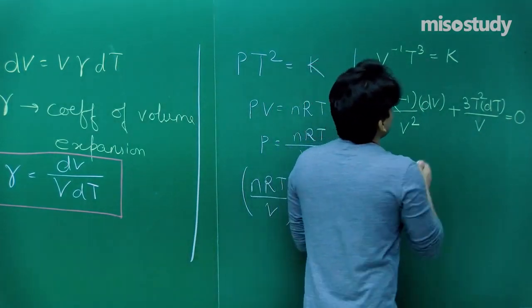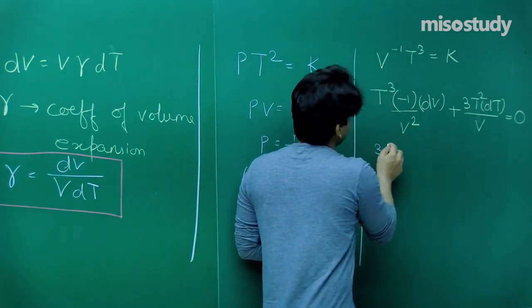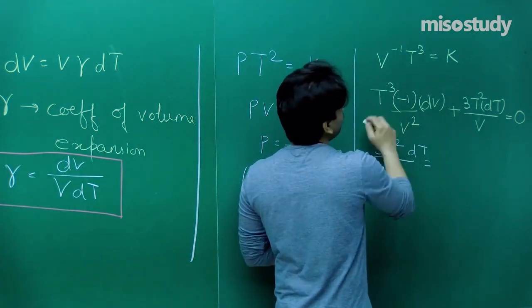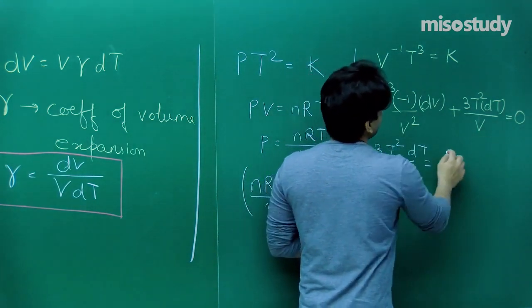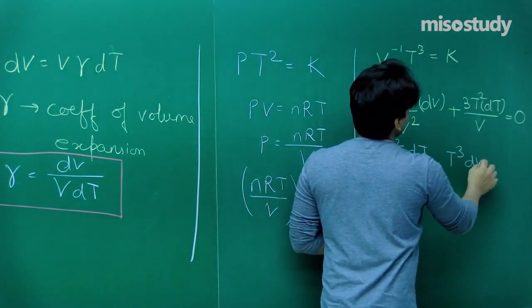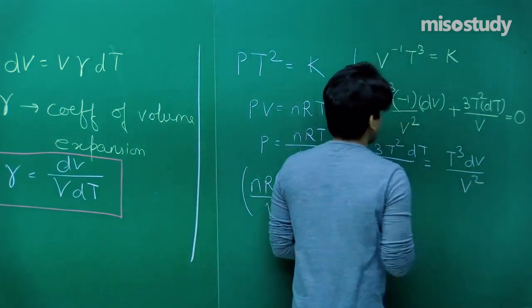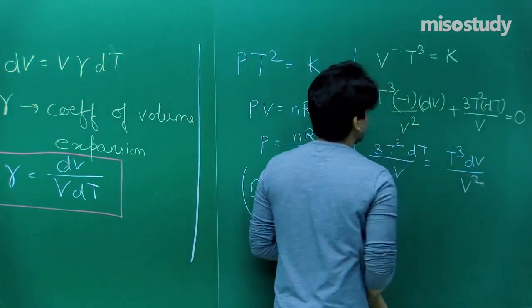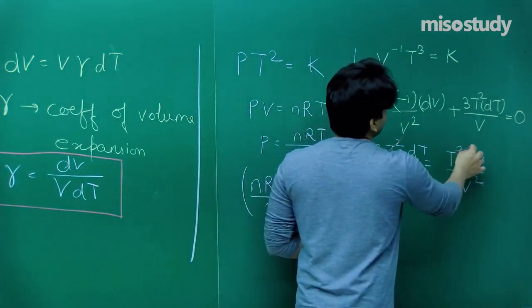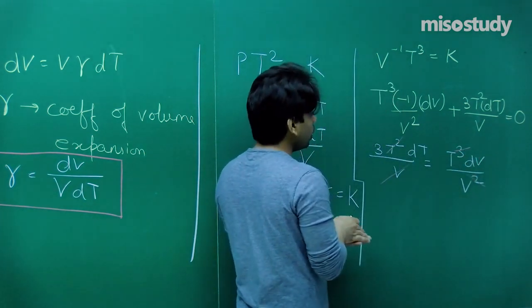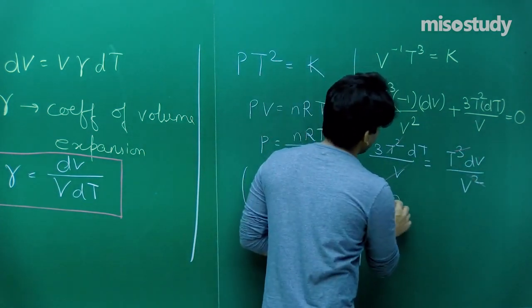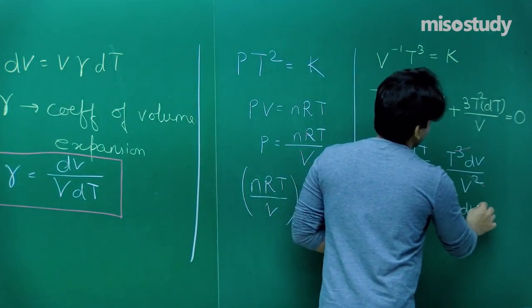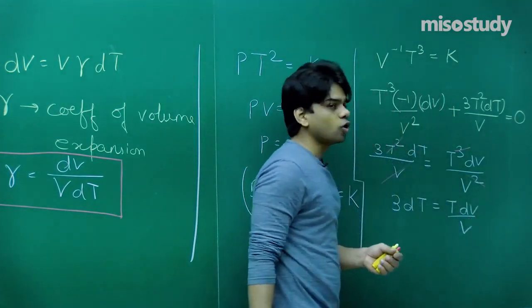Next, 3T square dT by V is equal to minus, this will go to the other side and become plus, T cube dV by V square. See the terms that will be cancelled out clearly. V and this V cancel out. T square cancels out. You will be left with 3 times dT is equal to T dV by V. You are going to obtain this.